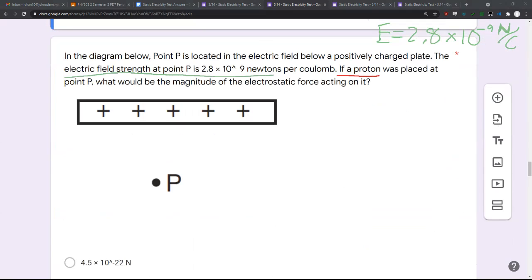You have a proton, so you know that the charge of one proton is positive 1.6 times 10 to the negative 19.